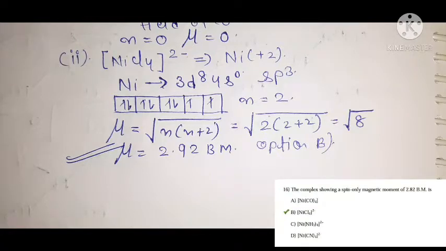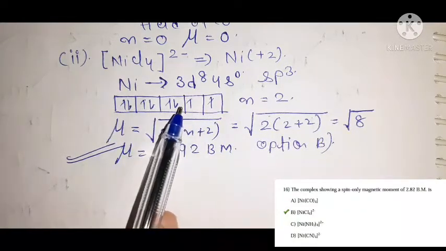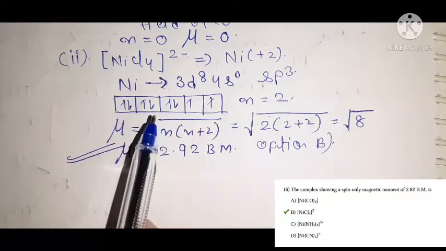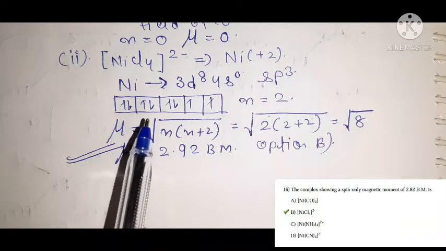Understand? Now when you compare options C and D, see, in option C it has NH3 as a strong field ligand, and nickel is present in the 2+ oxidation state. In presence of a strong field, pairing occurs, so these 8 electrons can pair up into 4 d orbitals. So that means in the third complex, the value of n will also be 0.